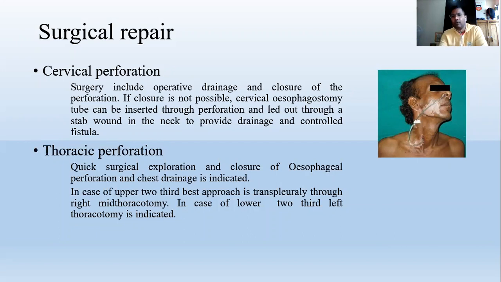In the thoracic approach, just like we discussed in the tracheoesophageal fistula condition, you go through the right intercostal regions, enter the area where the exact perforation is, just close the perforated area, and you may put some drainage.